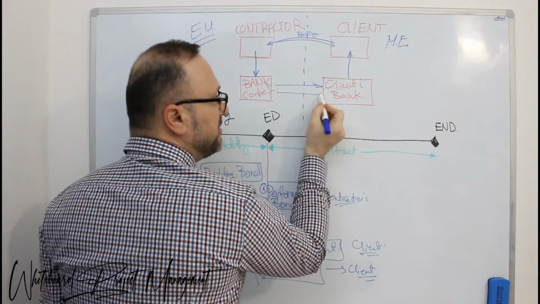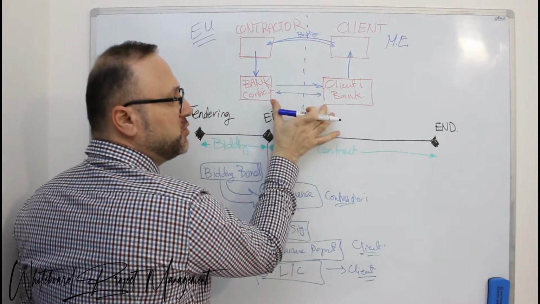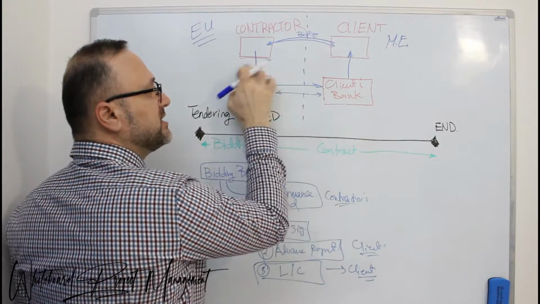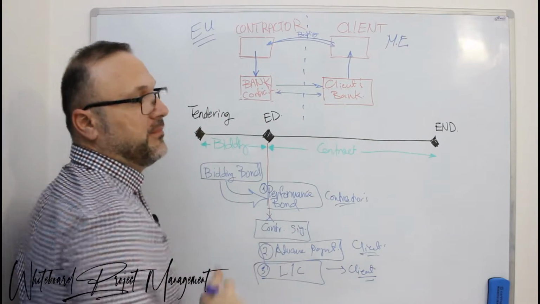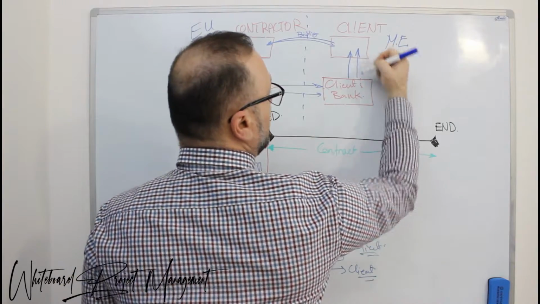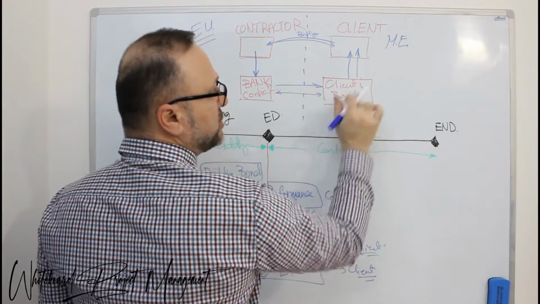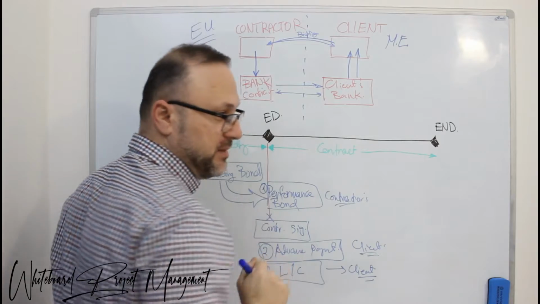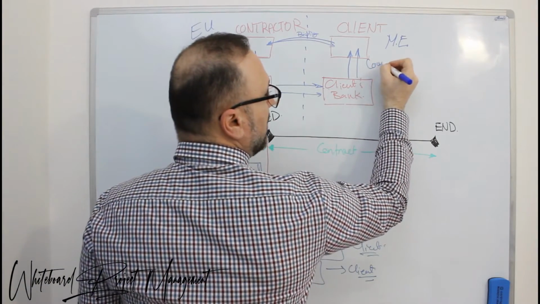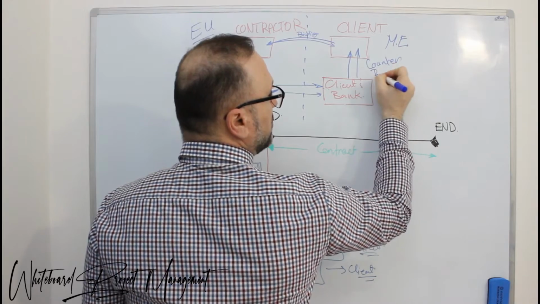So there is another agreement here between the two banks, which is based on this performance bond, and the client's bank issues to the client a performance bond, which is called a counter bond.